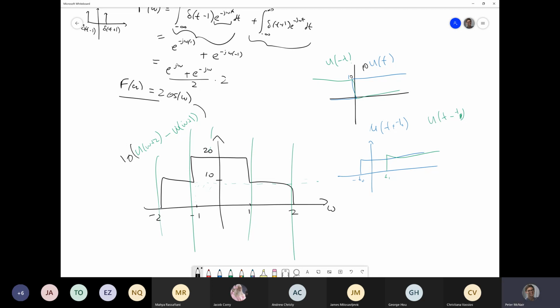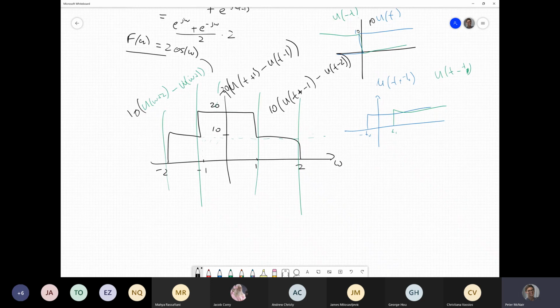This would be u of t plus 1 minus u of t minus 1. And then this would be 10 u of t plus 1 minus u of t minus 2. And then those are three different examples, and we can just use a pair for u of t.